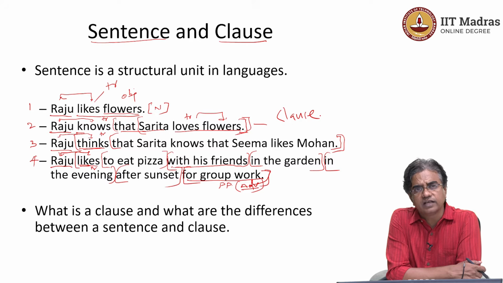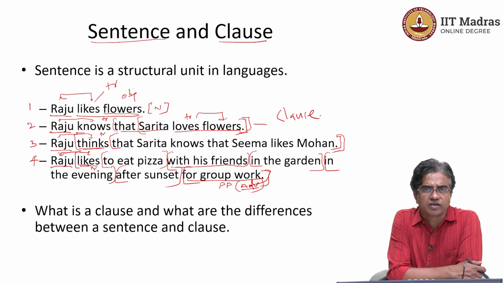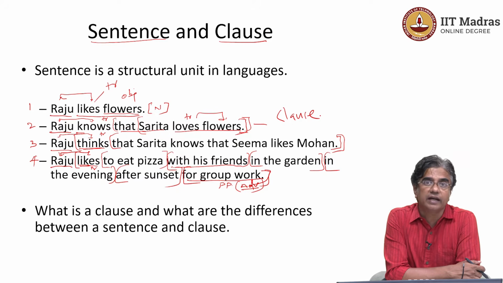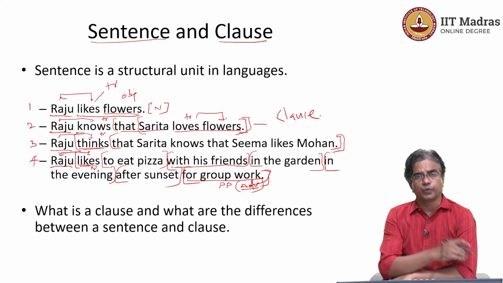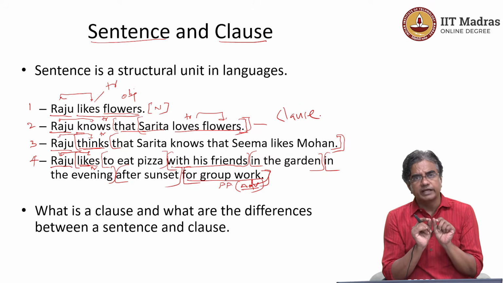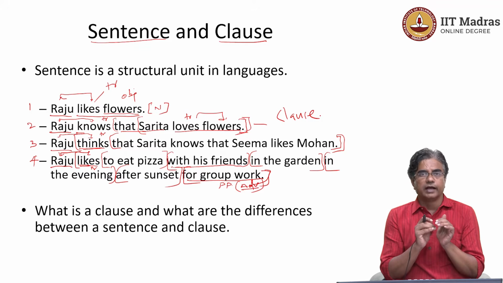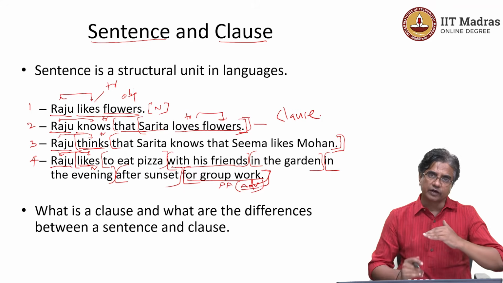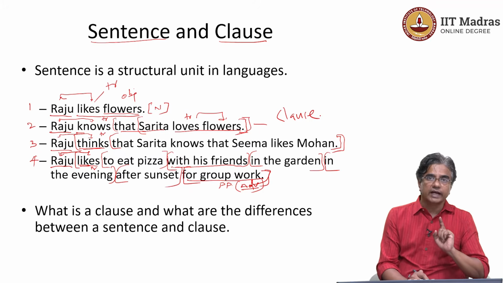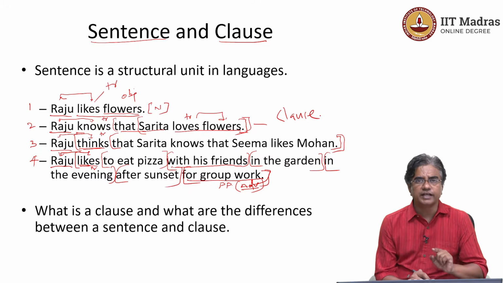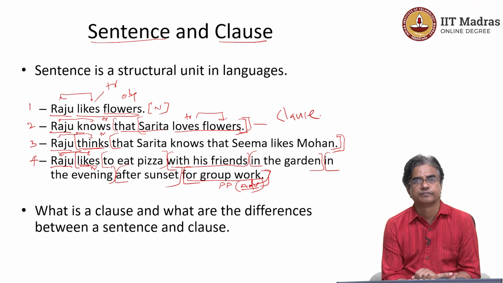It can also be called a subordinate clause, because this is not independent. It does not have any status outside of the main clause, which is the matrix clause. So the moment we say embedded clause, we are talking about a matrix clause within which the embedded clause is, by definition, embedded. And when we look at the clause independently, it looks like a sentence.